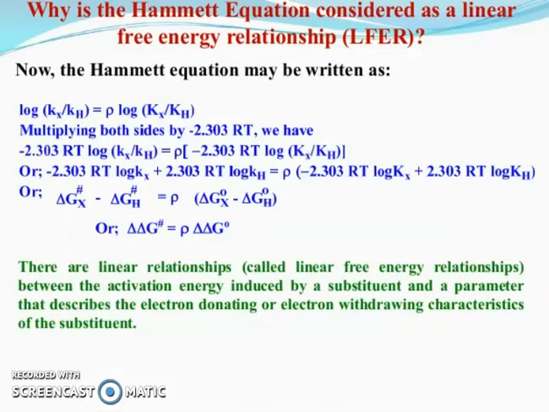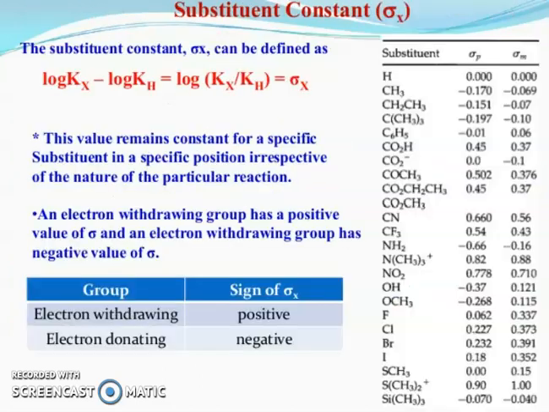So now the Hammett equation may be written by multiplying both sides by 2.303 RT, and then you get the final equation. There is a linear relationship, called linear free energy relationship, between the activation energy induced by the substituents and a parameter that describes the electron donating or electron withdrawing characteristic of the substituents.